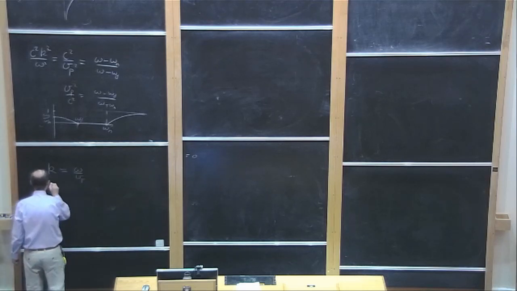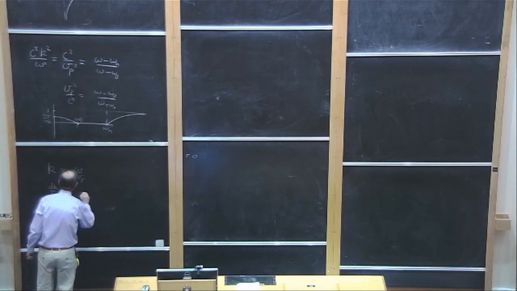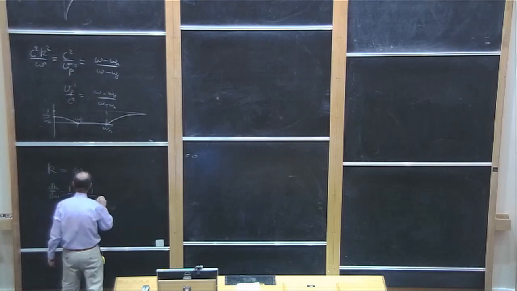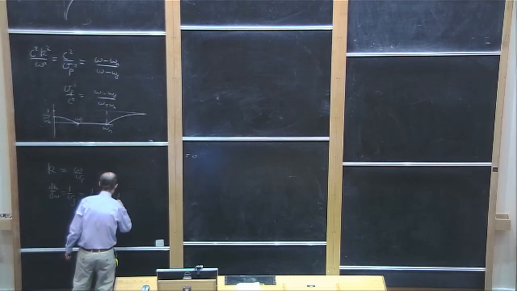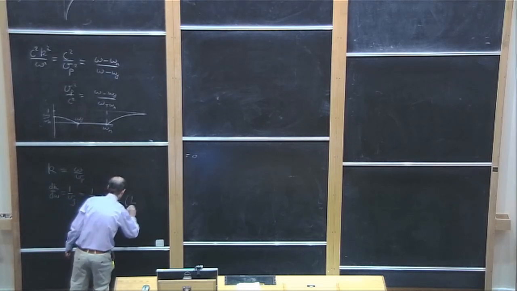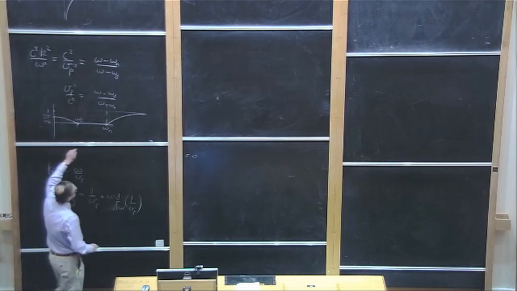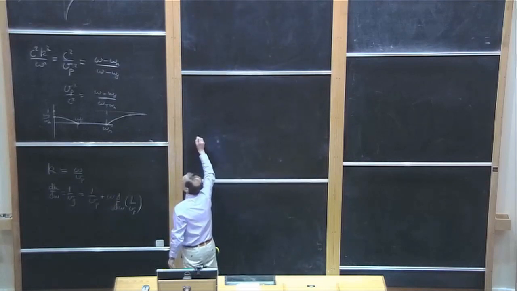then dk by d omega, which is 1 over v group, is 1 over v phase plus omega d by d omega of 1 over v phase. So actually it would be helpful to have a sketch of the reciprocal of that.